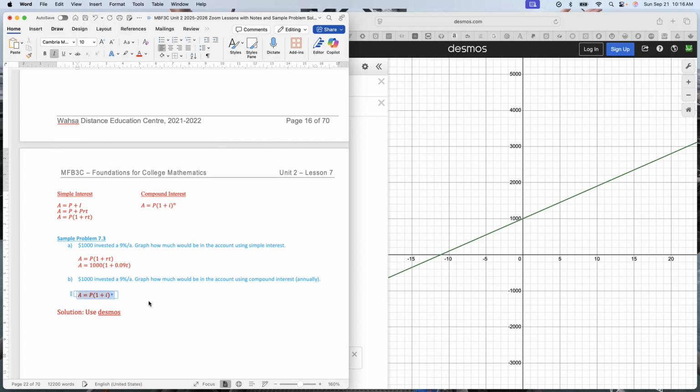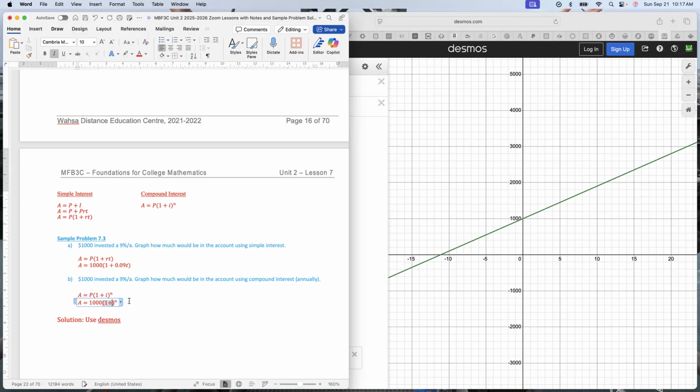Now it's simply a matter of doing the substitution. I'm just going to make a copy of that again and try to paste it in here. So now we simply have to replace the P with the 1,000 value that we're looking for.